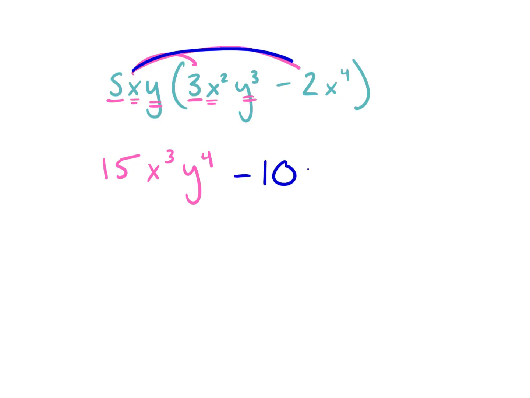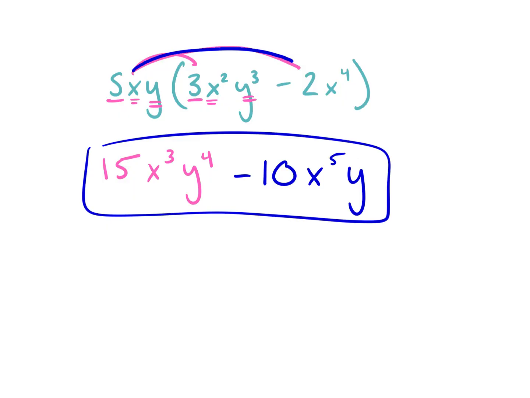Negative 10x to what power? To the fifth times y. Perfect. So that would be your answer. So sometimes you may have more than one variable when you're FOILing or when you're distributing. So remember, you're just combining the ones with the common base.